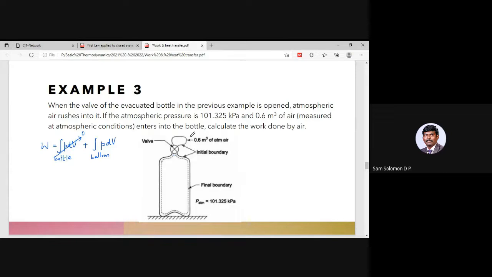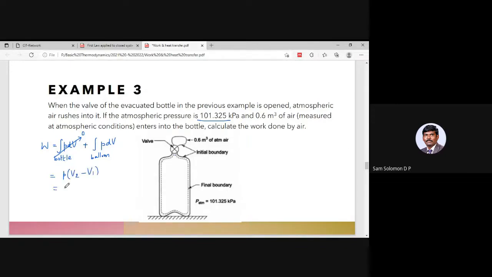If you take the balloon, initially the volume is 0.6 meter cube. If everything is going to enter in over here, then the final volume becomes 0. So there is a change in volume over here. This particular air also has the atmospheric pressure. So for the first case, this entire term is 0. For the second case, it is a constant pressure process, so you know it is P times V2 minus V1.